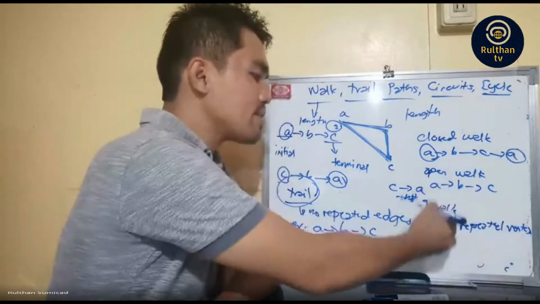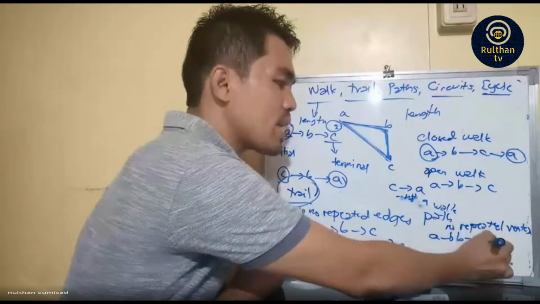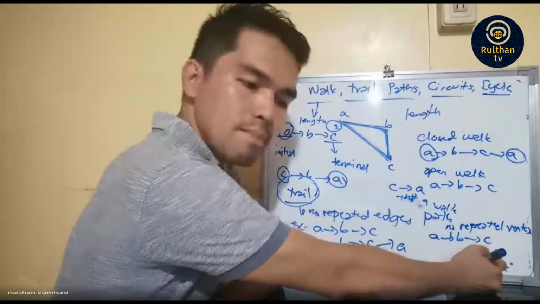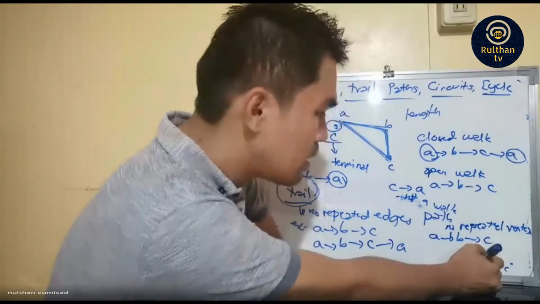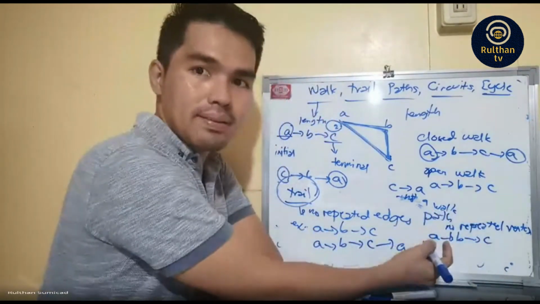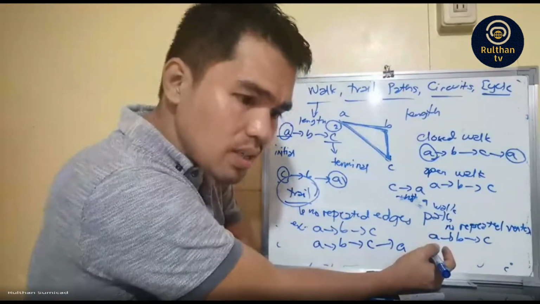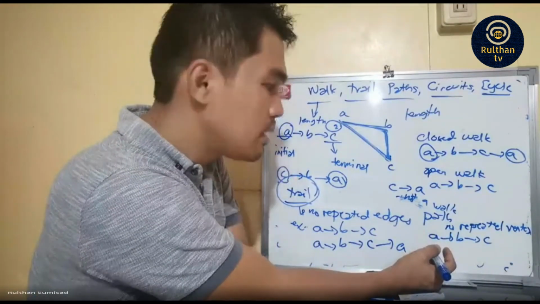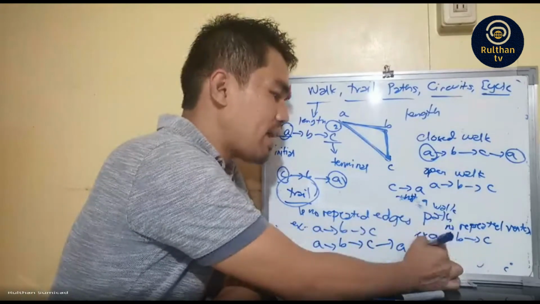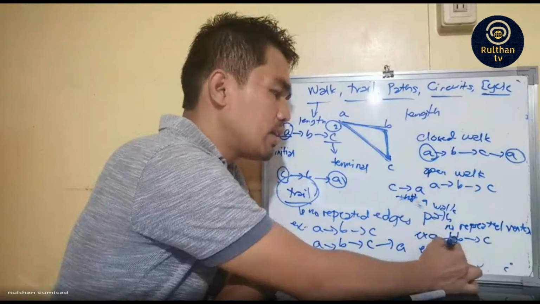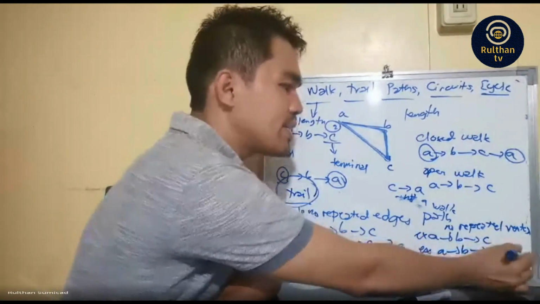In this case, A to B to C, no repeated vertex, is an example of a path. Okay? So no repetition. This one is also an example of a path: A, B, C to A. This is also a path.